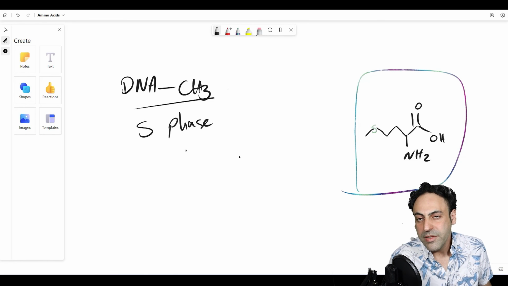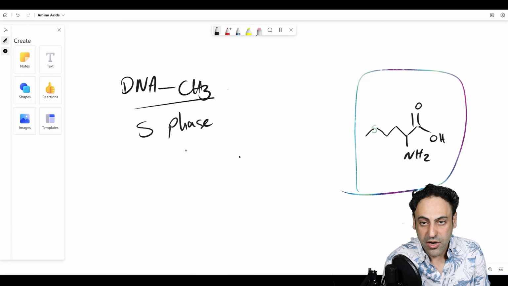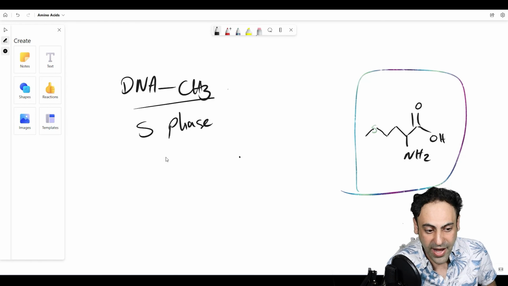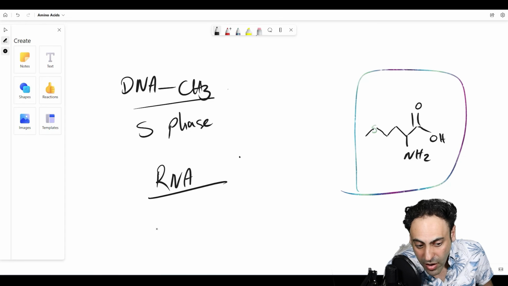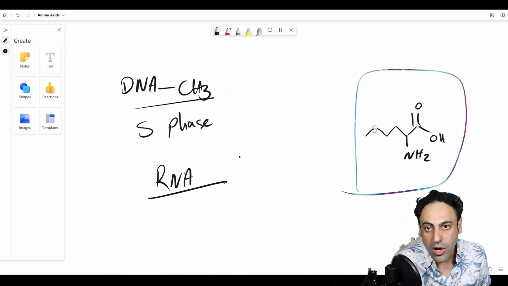Or when we say reuptake, it happens in the synaptic cleft area. And here we are talking about the synthesis of RNA. Our body needs methionine for synthesis of RNA.